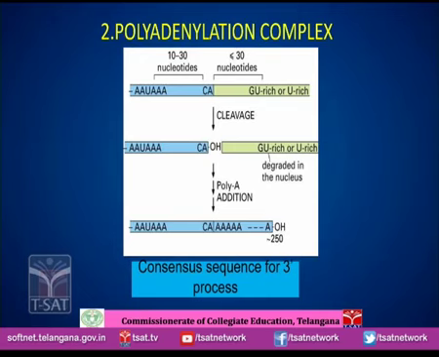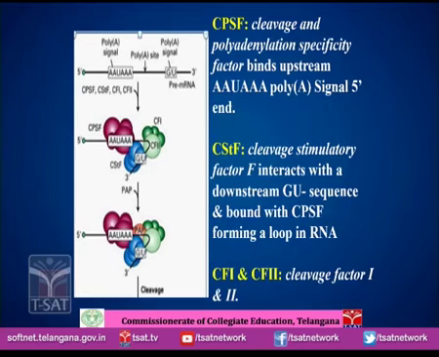Exactly what happens here is that the new mRNA is cleaved at the end of the CA, and polyadenosine, up to 250 molecules of adenosine bases, is added to the 3' end of the mRNA. This process is called polyadenylation. It is a somewhat more complex mechanism compared with capping, and we should understand the few enzymes involved in this process.